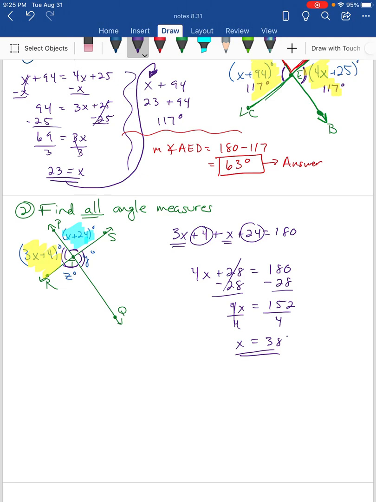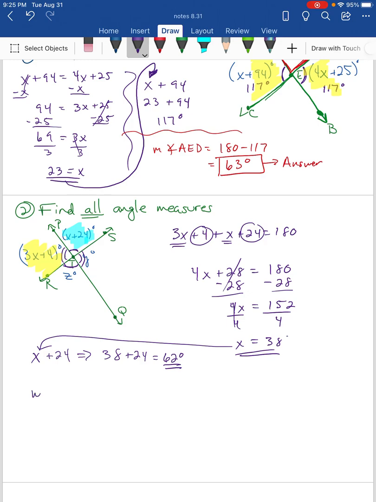Now I need to plug that x value into one of the angle expressions that I have. It doesn't matter which one. I'm going to choose the easier one, which is x plus 24. If x is equal to 38, this is 38 plus 24, which is equal to 62 degrees.